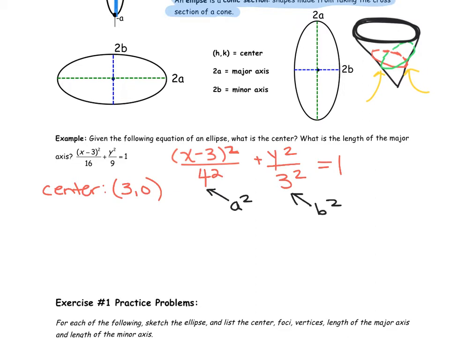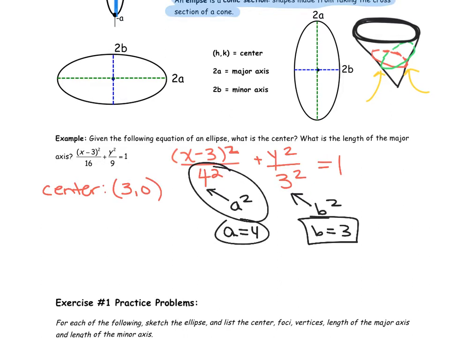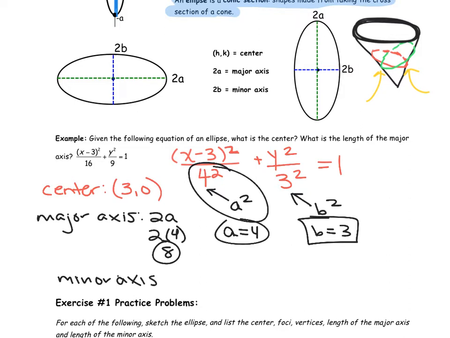So I know from this equation here, a is equal to 4, and here we have b is equal to 3. But now remember, the major axis is 2a. So the major axis will be 2 times 4, which is 8. If I asked you for the minor axis, we would just say that the minor axis is 2b, which is 2 times 3, which is 6.